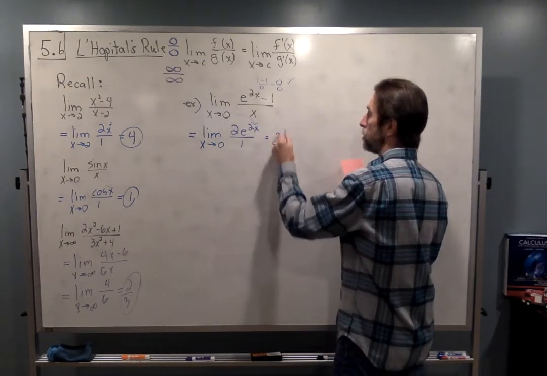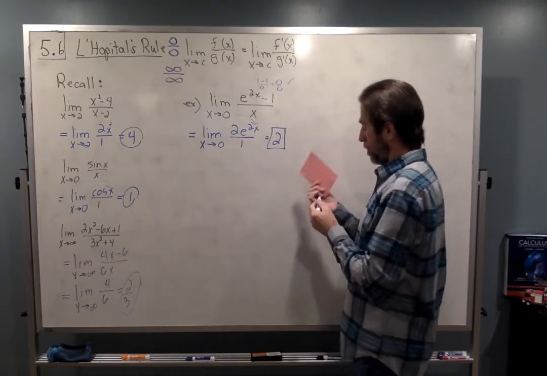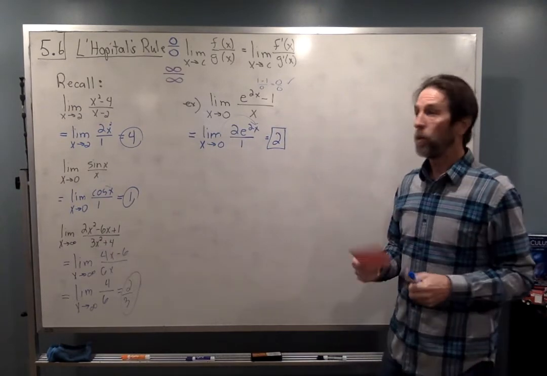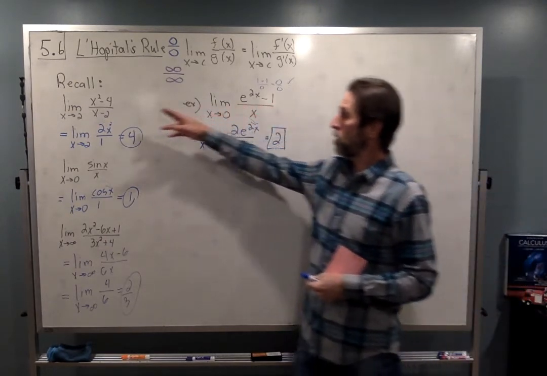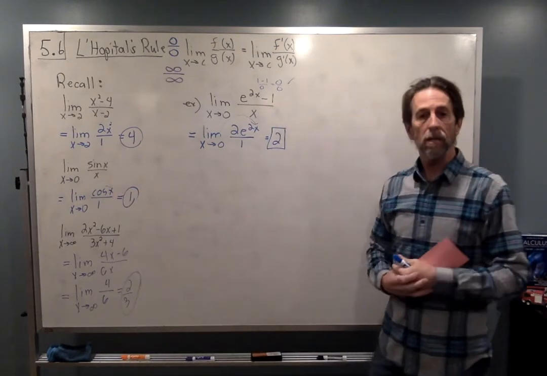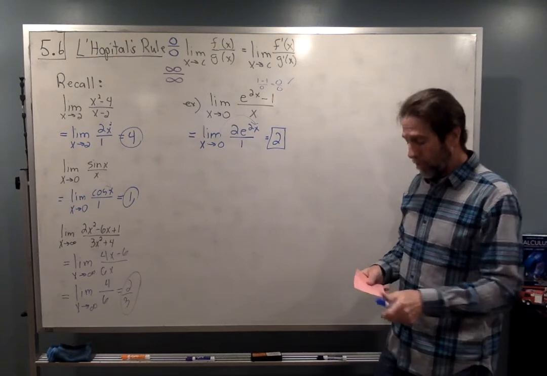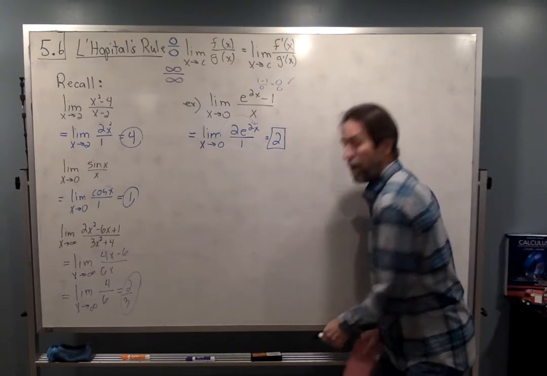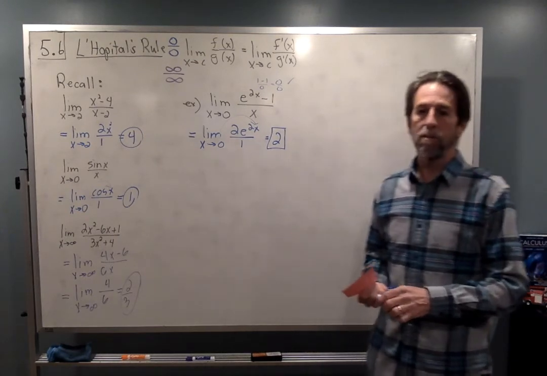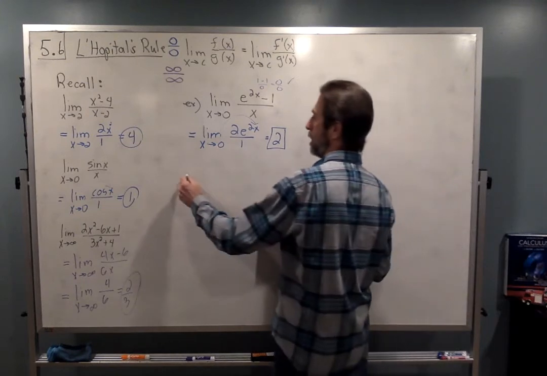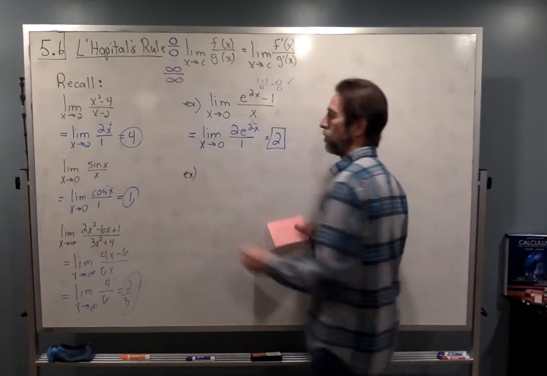We get 2. So this indeterminate form turned out to be 2. And again, there's nothing algebraically that we could have done to rewrite this in order to make better sense of it. Now I know that we've been spending a lot of time lately on integration, and now we're moving back to some differentiation, so it would be a nice review also for the exam.